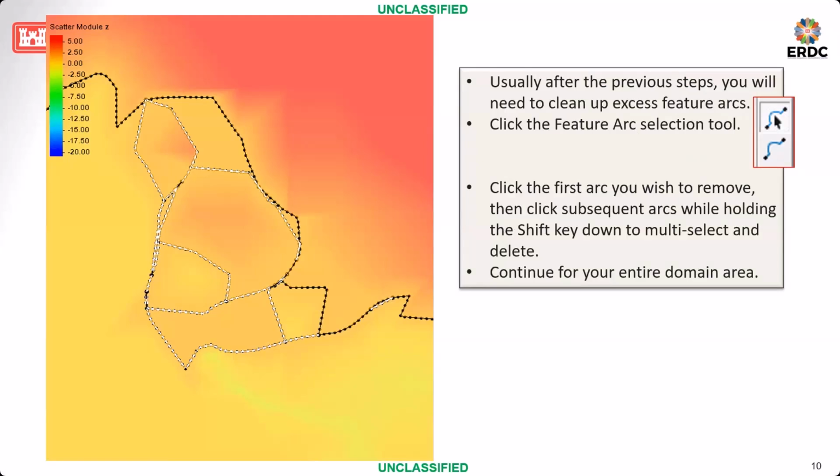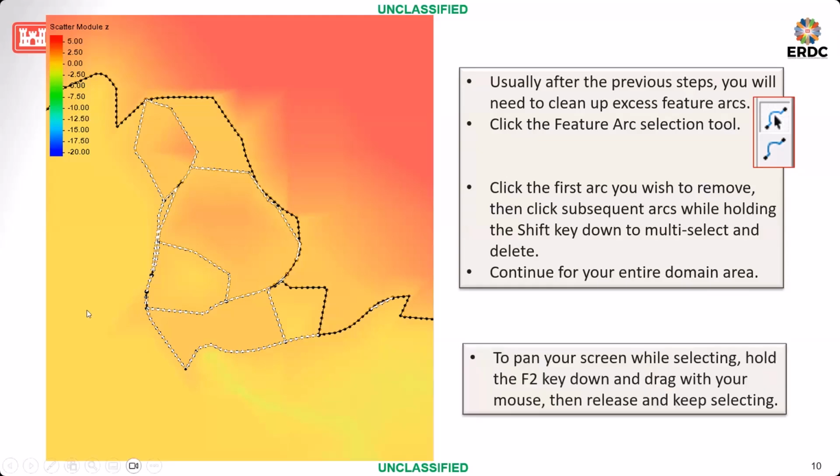That's the steps that we're going through here. So we click these feature arc selection tools, and what you can do is click these arcs or polylines, or I guess polylines are technically a different feature, but I sometimes accidentally use them and arcs interchangeably. However, these are really arcs. So we can click these arcs and remove them.